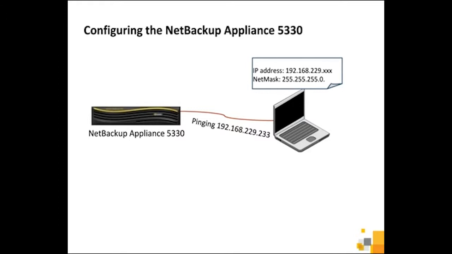This method requires that you connect a laptop directly to the appliance port NIC1 or ETH0 and set the IP address of the laptop in the 192.168.229 range with a netmask value of 255.255.255.0. Ensure that you can ping the 192.168.229.233 IP address from the laptop before proceeding ahead.